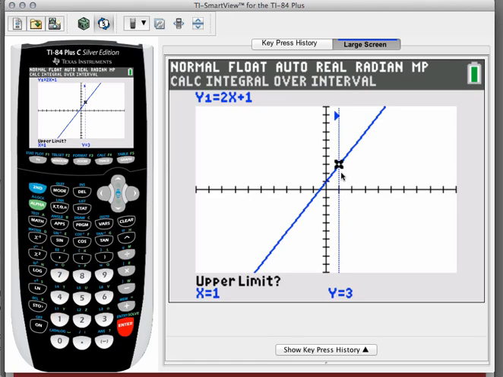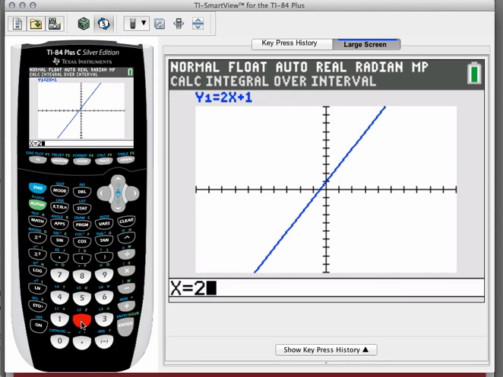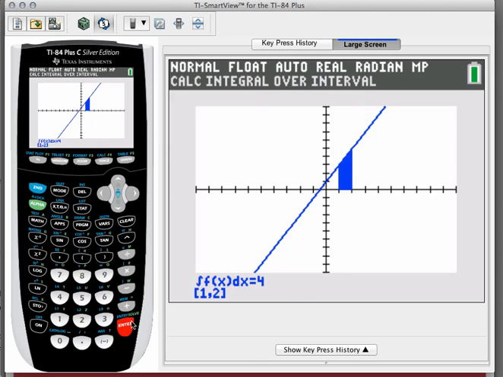Notice how it actually draws the vertical line. On everybody else's, you probably see this nice little triangle marking the lower limit of integration. Now you'll notice it's prompting you for the upper limit, so that was just 2. So hit 2, then enter. Notice how it shades the area. Geez, it looks just like the one we had. And notice down here at the bottom, it gives you the interval, at least on mine it does, and there's the answer of 4.